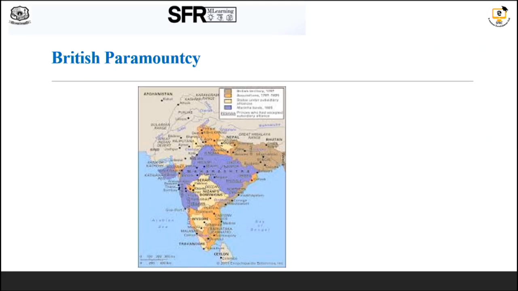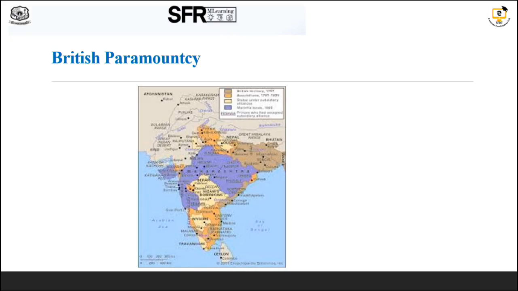The British Paramountcy, the period between 1765 and 1858, marks a crucial phase in Indian history during which the British East India Company expanded its political, military and economic control over the Indian subcontinent, establishing what came to be known as British Paramountcy.